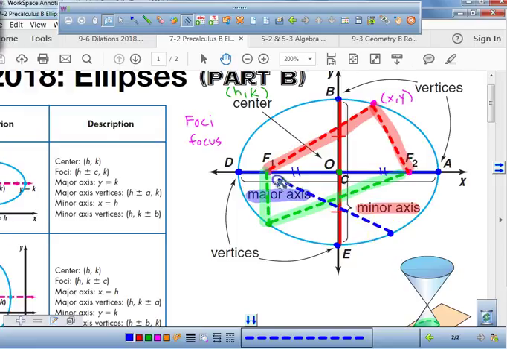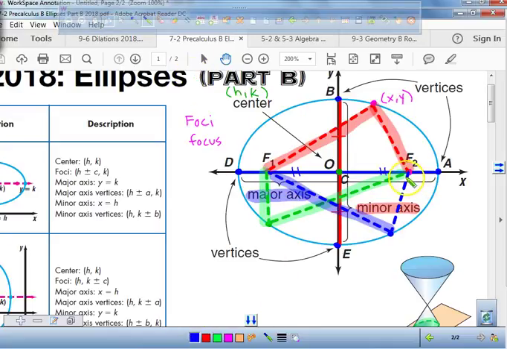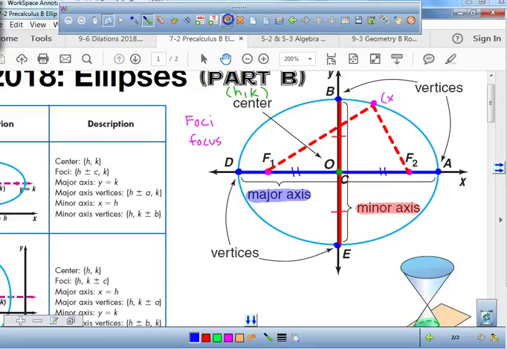So if I connect this one to this focus and this one to this focus, now I have these blue distances, and the blue distances are the same as the red, which is the same as the green. I'm just going to backtrack. But that's the definition of an ellipse, where the sum of the distances from one focus to a point and from the other focus to that same point is always equal. Make sure you have that.